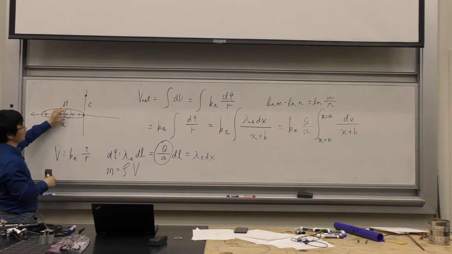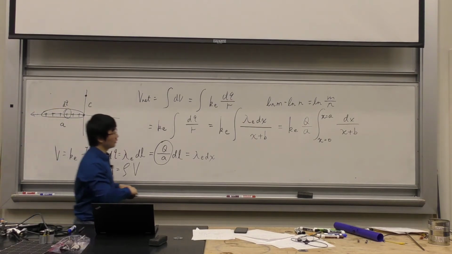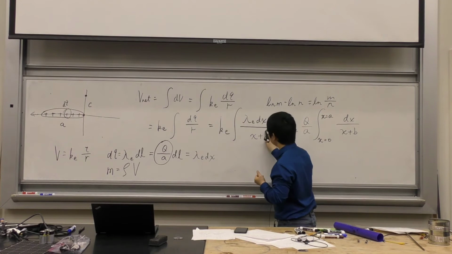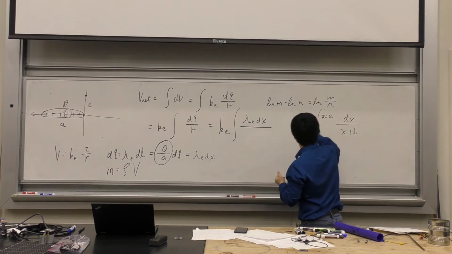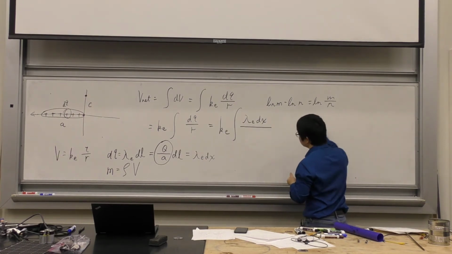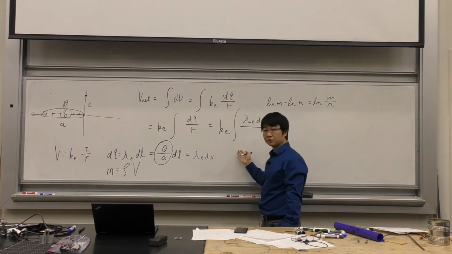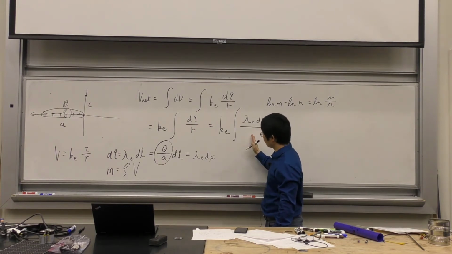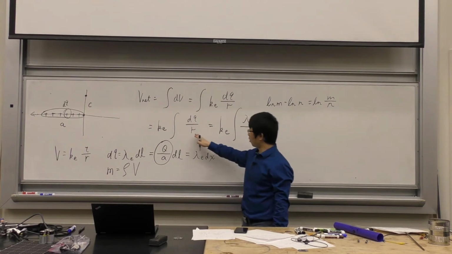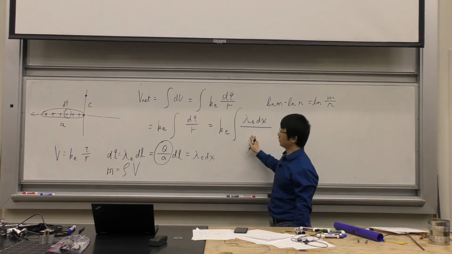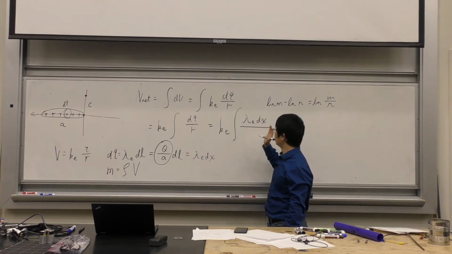The dq I still pick on this charge. So this doesn't change. The only thing that changes is this, so after this point, everything is going to be different. But the theory is still the same. My goal is still to write the r in terms of x so that I can integrate out with this dx.